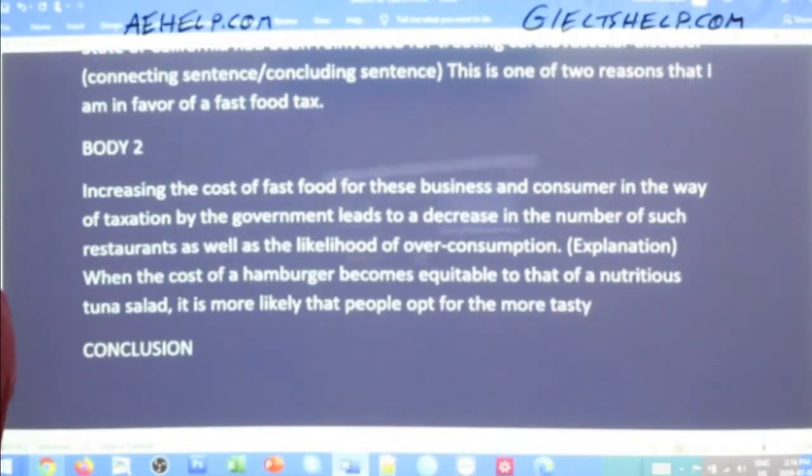Let's not argue that the tuna salad is less tasty. If you try my tuna salad, you will agree that it's tastier than a hamburger. So it is more likely that people will opt for the more tasty and nutritious salad.